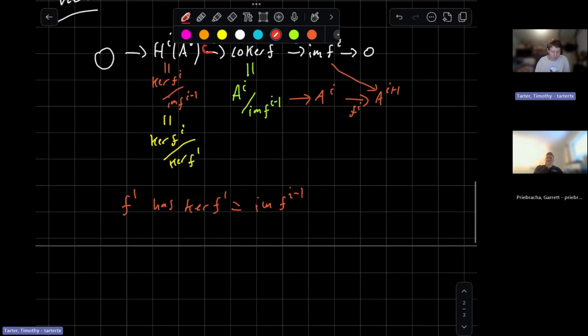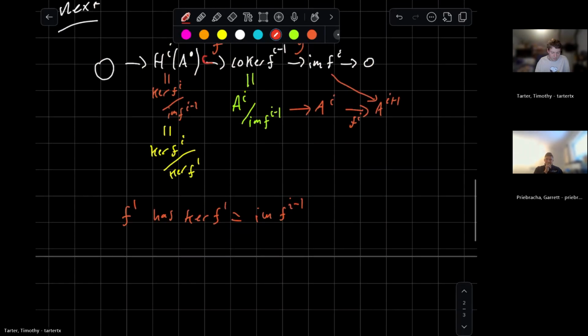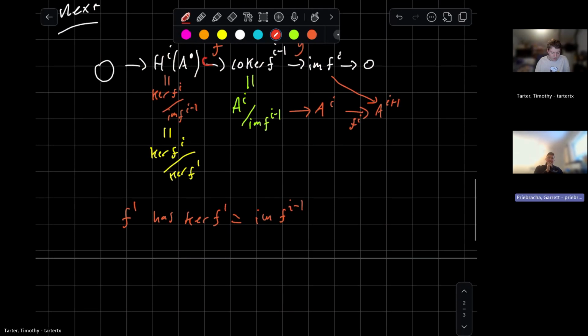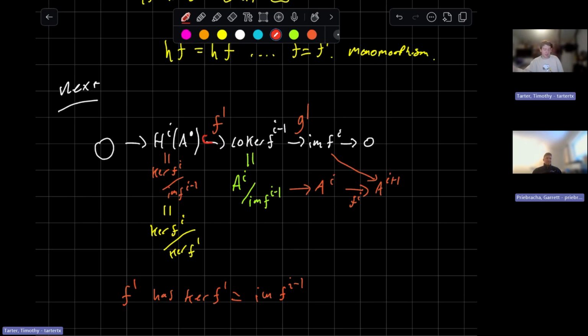Wait, but the image of F prime is, hang on. If you were to mod out the same thing from both groups, wouldn't that leave them equivalent? No, you're right, it's the kernel of Fi. And that's the other thing, is that Fi itself moves into AI plus 1. Oh, okay. Yeah, so it's because it's the kernel of Fi.